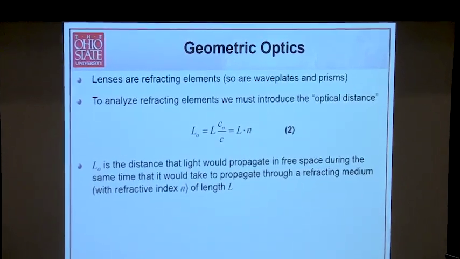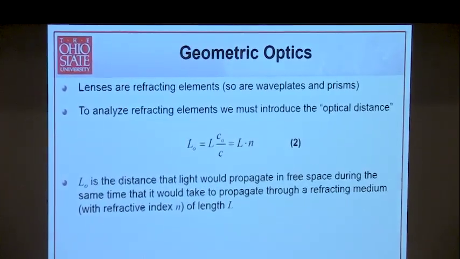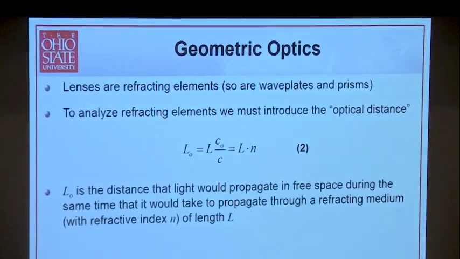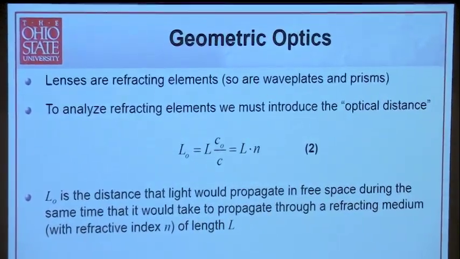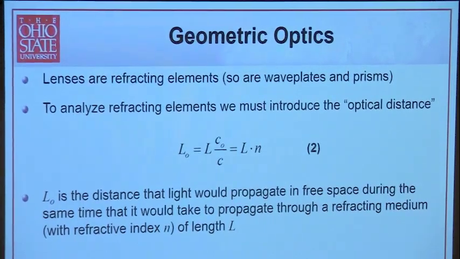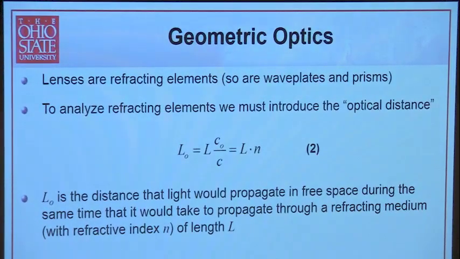So let's say I have a distance L, and it takes a certain amount of time to propagate through that. L naught is the length that would be longer or smaller in general, but longer in a vacuum. So it goes the exact same. So if I'm going through the sludgy material that's short, I have to go through a much longer distance in vacuum so that I end up at the point at the same amount of time. Okay? So this is the optical distance.